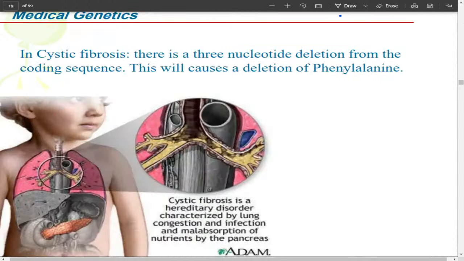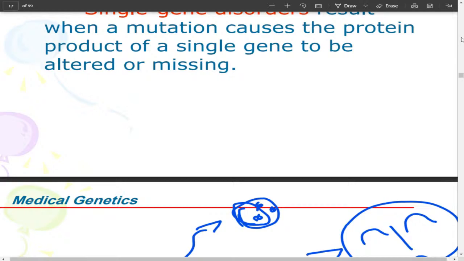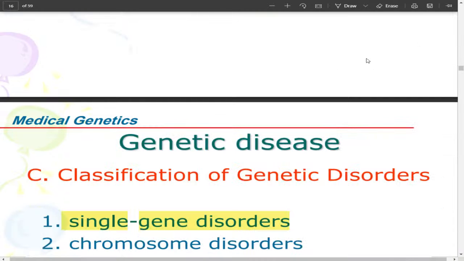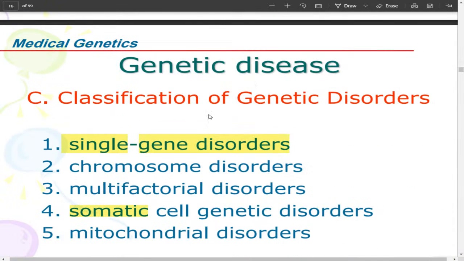We have discussed phenylalanine before. Cystic fibrosis is another serious syndrome, caused by a mutation not in one chromosome, but in a single gene.